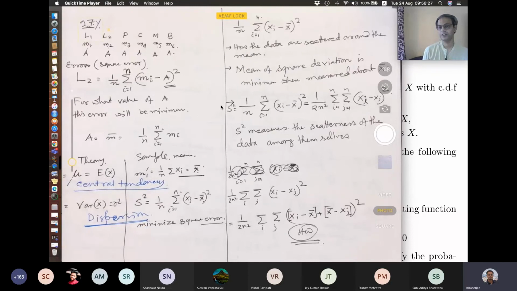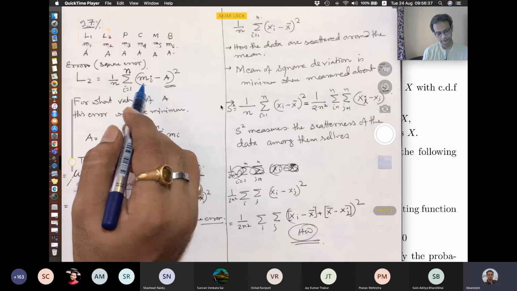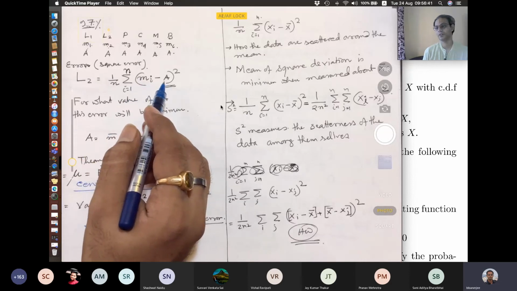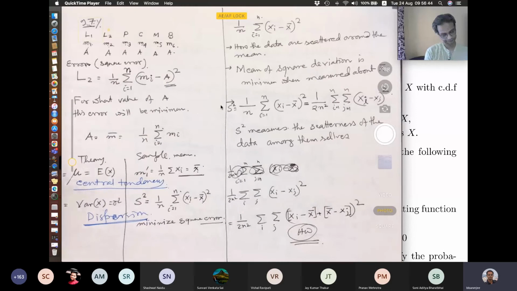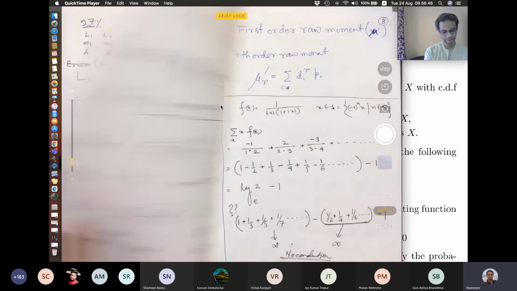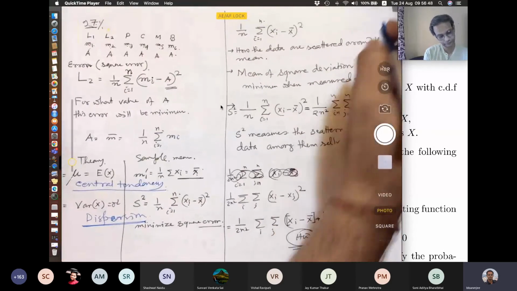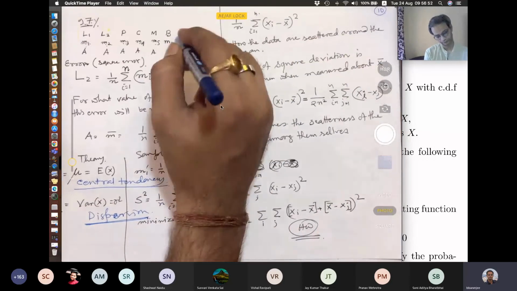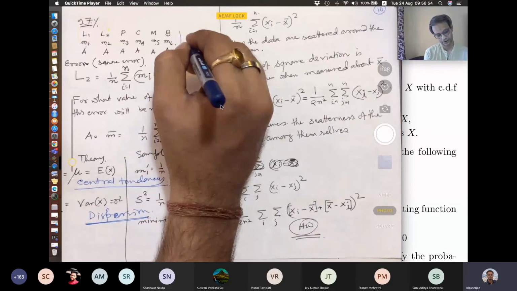There will be other alternative measures also. Another homework you can take: if you take the absolute value, where will the minimum occur?